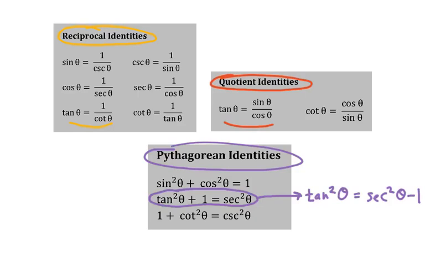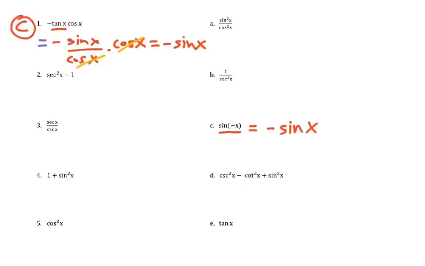So again, all we did to this middle identity was subtract 1 from both sides. What this means is that in the problem we were just working on, when I see a secant squared of theta minus 1, I can fully replace that by tangent squared. So I see the secant squared of x minus 1, I'll replace it fully by tangent squared.